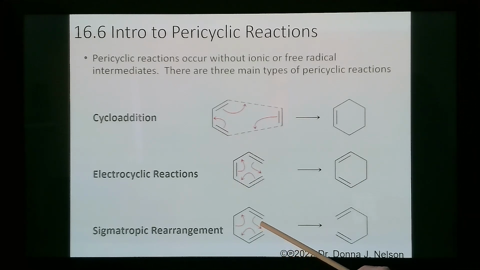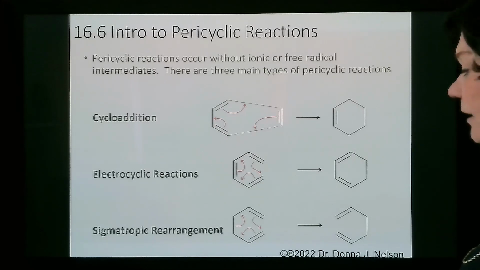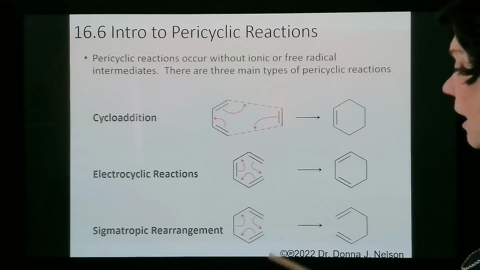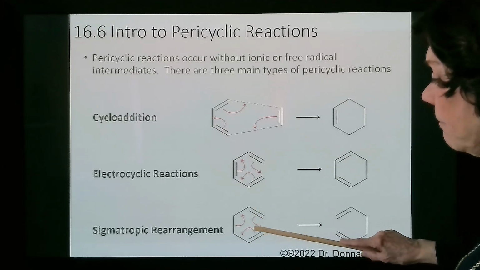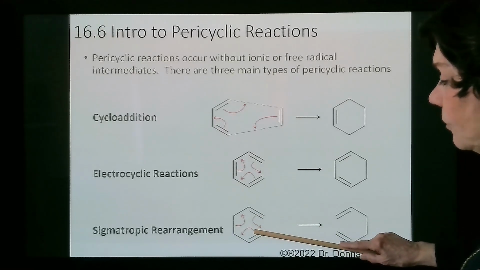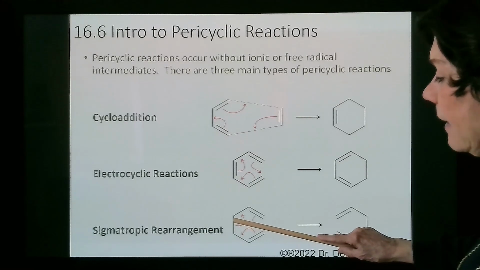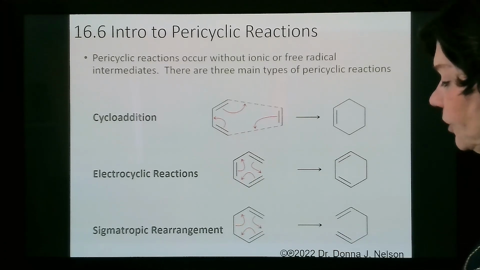And then there's the sigmatropic rearrangement. Once again, you have 6 electrons involved, but here 4 of them are in 2 pi bonds. The 2 remaining electrons are in a sigma bond.